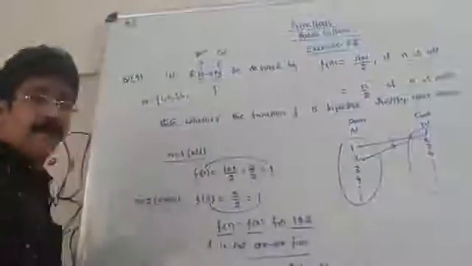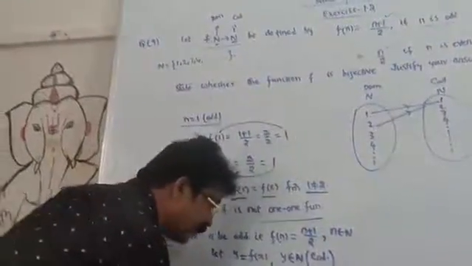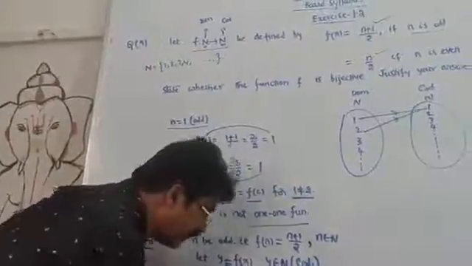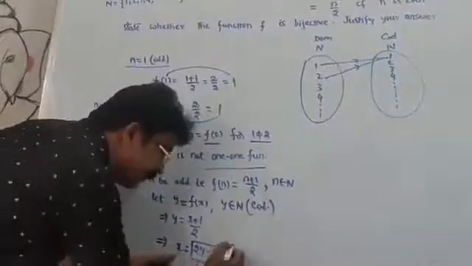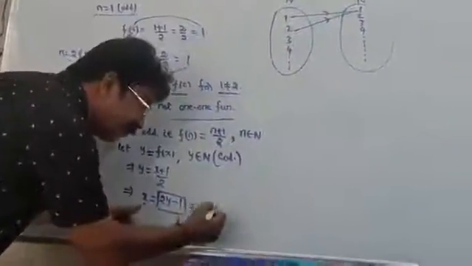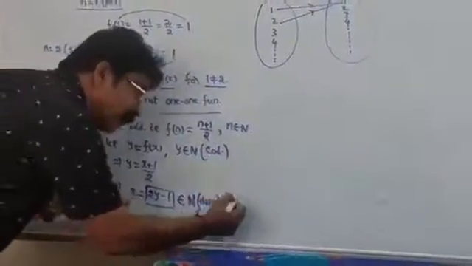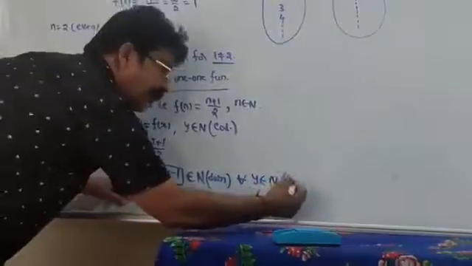Now, I am asking one question. What is that? This value 2y minus 1, does it again belong to natural number? Natural number means it is domain. For all y belongs to codomain.